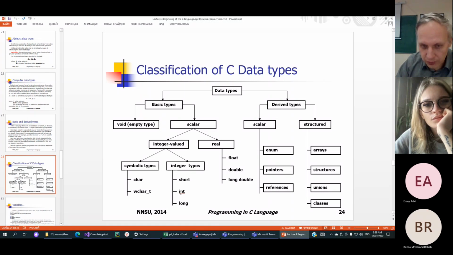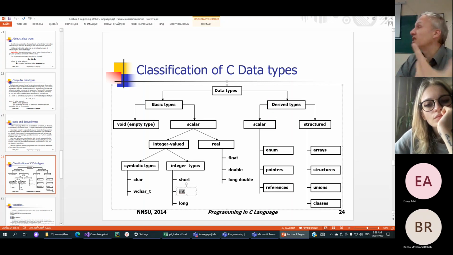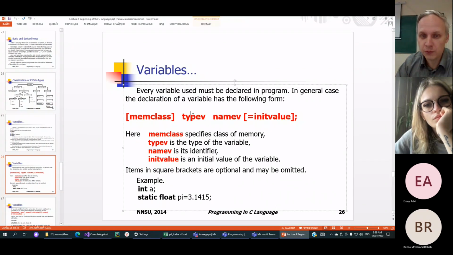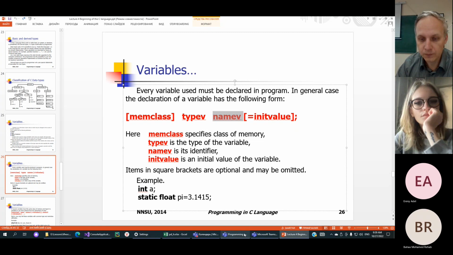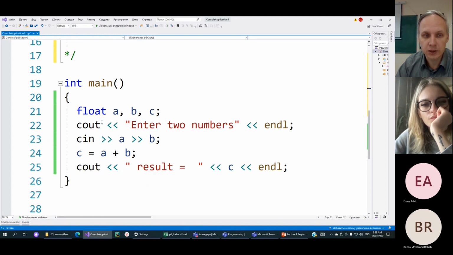And we should use the keyword that defines this data type when we declare a variable. So when we declare a variable, we must use the identifier of a data type, the data type and the name of the variable. So this is the example how we can do it in a program.